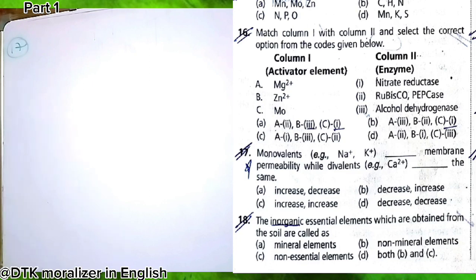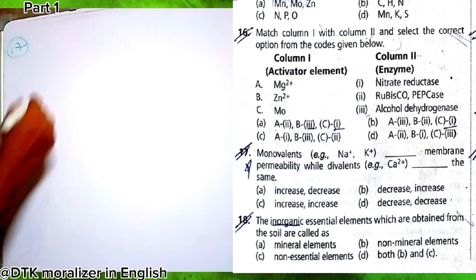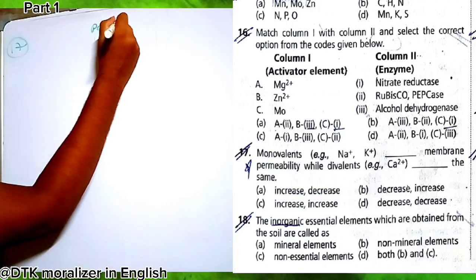Now we are going to question 17. Monovalents, example sodium, potassium, dash membrane permeability, while divalent calcium dash the same. Increase, decrease; decrease, increase; increase, increase; decrease, decrease. Here for monovalents, the permeability is high. For divalents, the permeability would be low.